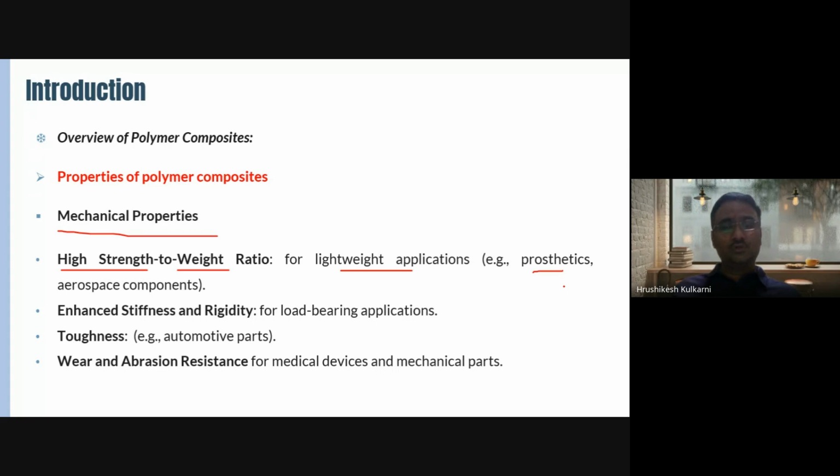These are used in prosthetics and aerospace components. Enhanced stiffness and rigidity are required for load-bearing applications. Toughness is required for automotive applications. Wear and abrasion resistance is required for medical devices and mechanical parts. These properties are normally focused on while selecting the material in mechanical applications.